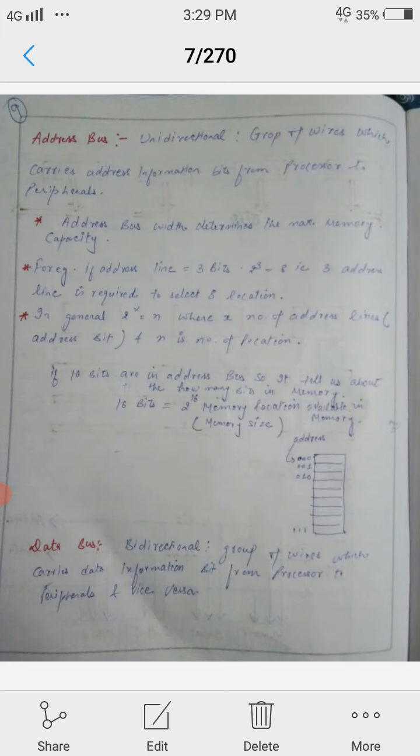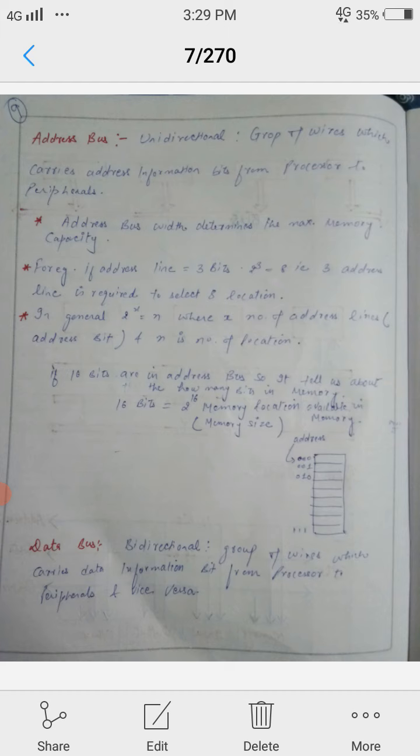For example, if 16 bits are in the address bus, then it tells about how many locations are in memory. 16 bits means 2 raised to power 16 memory locations available in the memory. So we can say address bus width determines the maximum memory capacity.